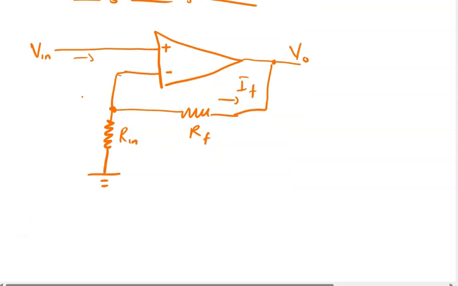With this one, the formula is giving us A equals V naught on V in, right? And at this point, we can see that 1 plus RF, all divided by Rn.